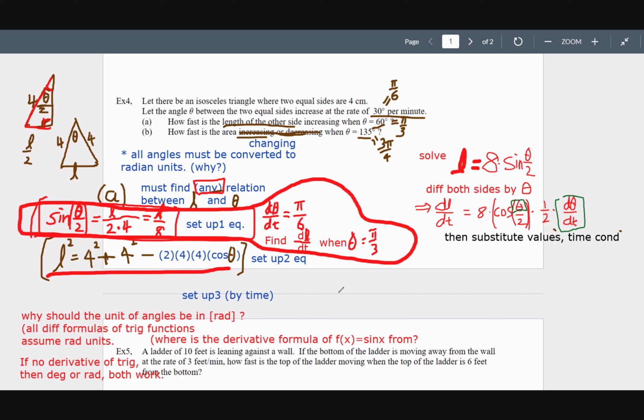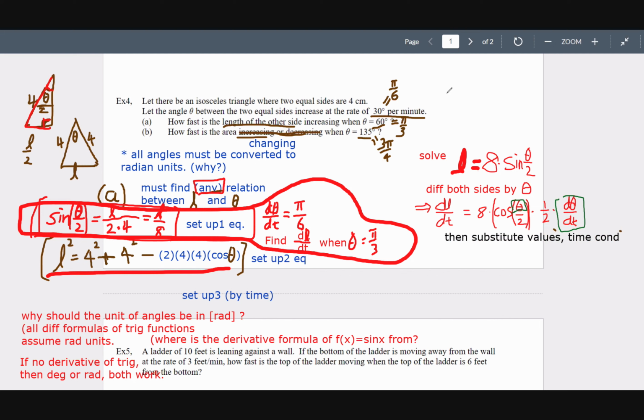You have to use radians. So in order to check your answer, watch out. When the difference of degrees is 1 degree, then in radian units that will be pi over 180. So that would be a different number. Okay. All right. Any questions here? So there are some details you have to fill in.